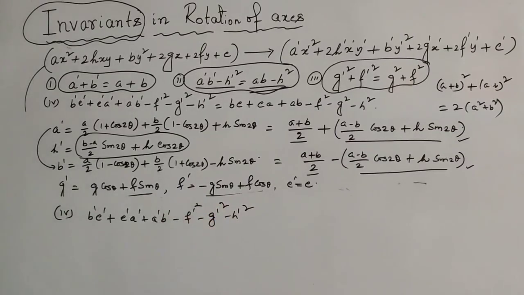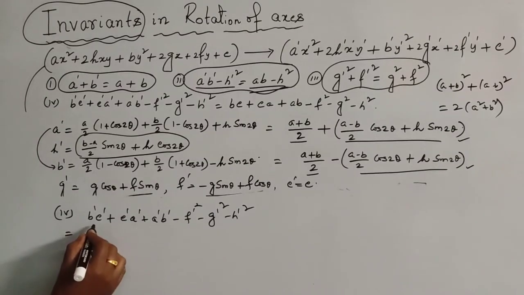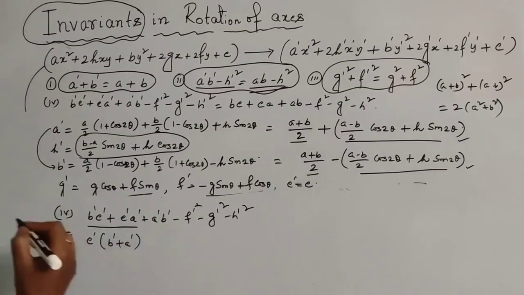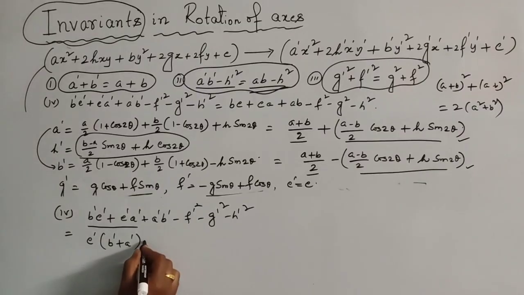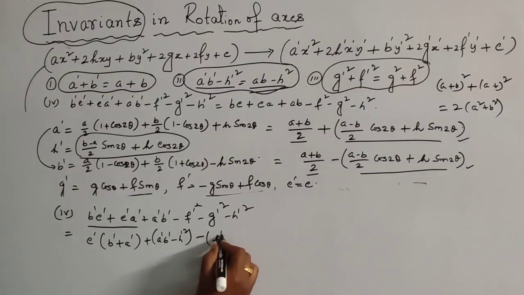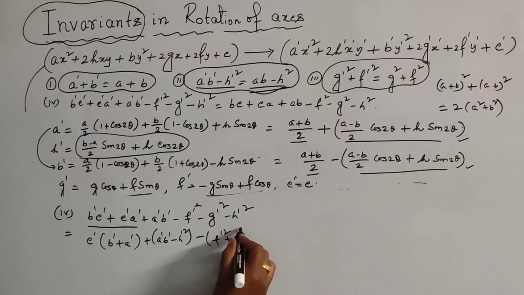Okay, here we take common c dash from the first terms and we get b dash plus a dash, and we write a dash b dash minus h dash square together, and we write f dash square plus g dash square by taking common minus from these two terms.